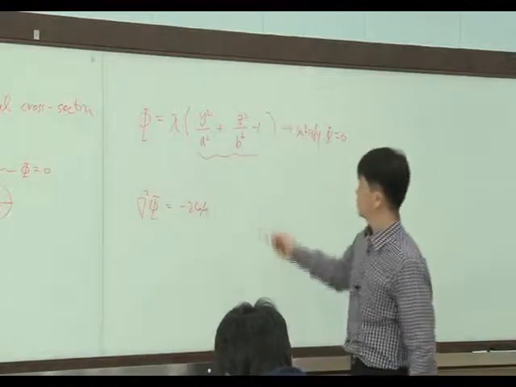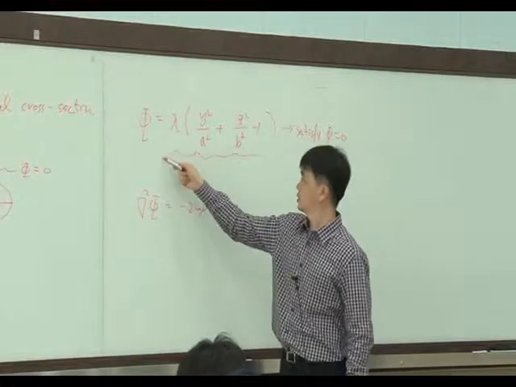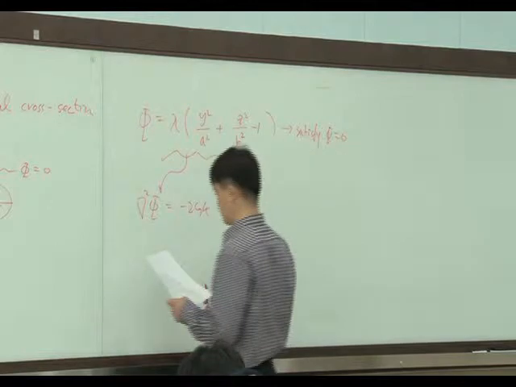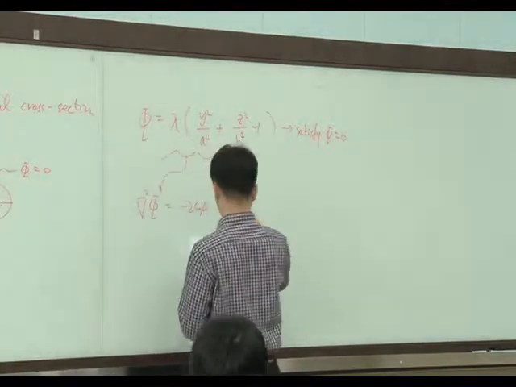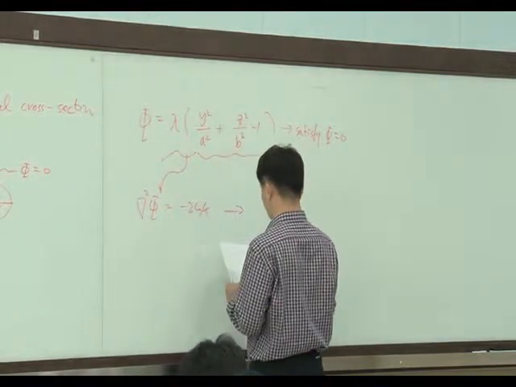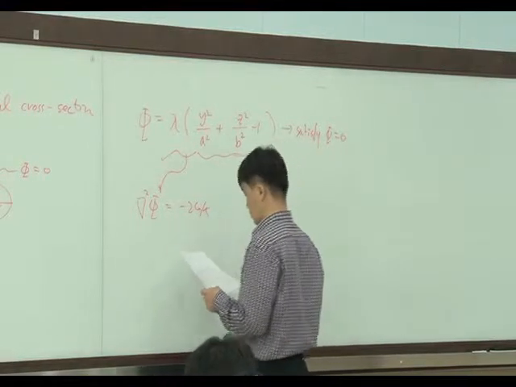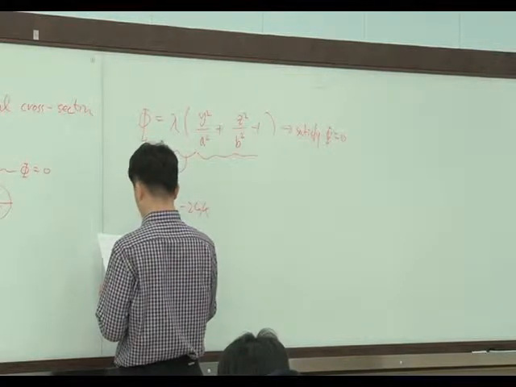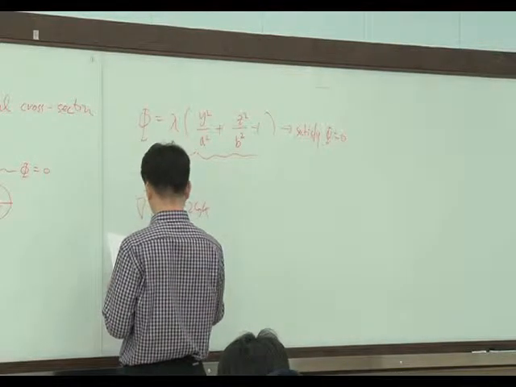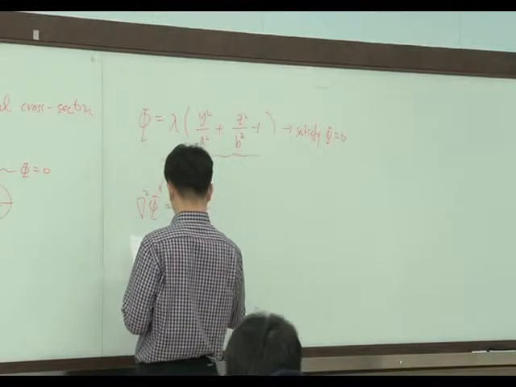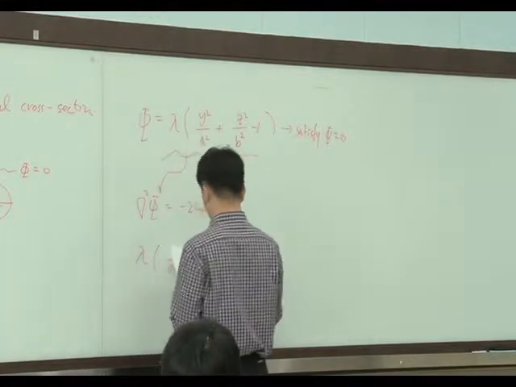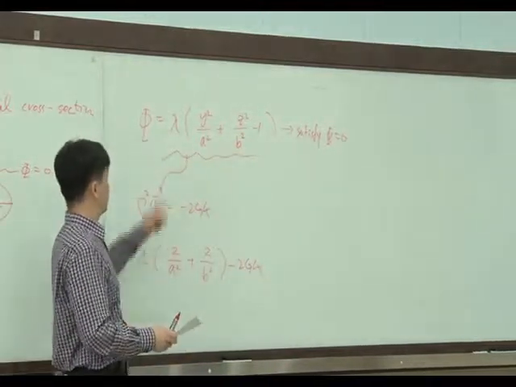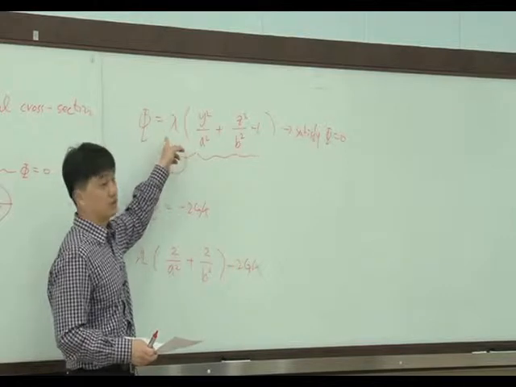And let's put this function into here. Then we can obtain the equation 2 over a squared plus 2 over b squared times lambda equals minus 2Gk. Here in this function the unknown is lambda.